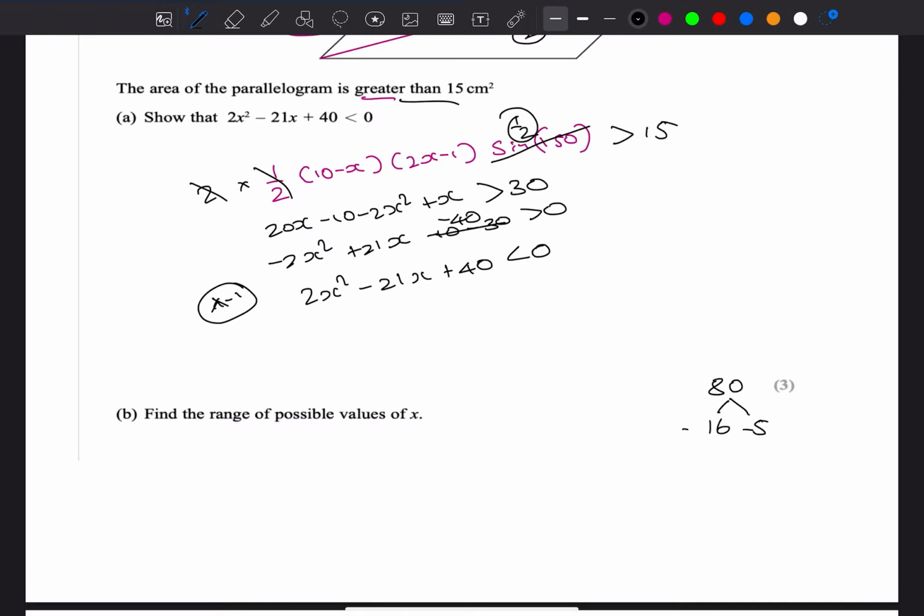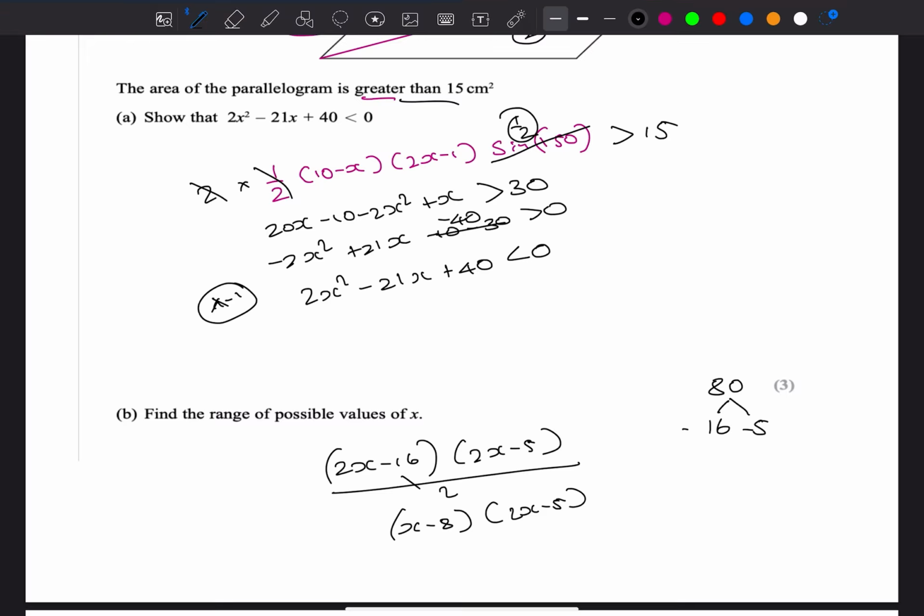So 2x minus 16, 2x minus 5, and divided by 2. 2 will divide here. x minus 8, 2x minus 5, x is 8, x is 5 over 2, which is the bigger number? 8 is bigger, 5 over 2 is smaller. Circle, circle, look at the way it points, joins in. x is greater than 5 over 2, less than 8.